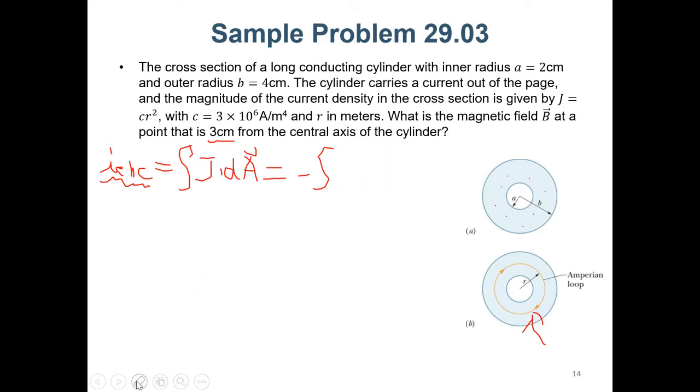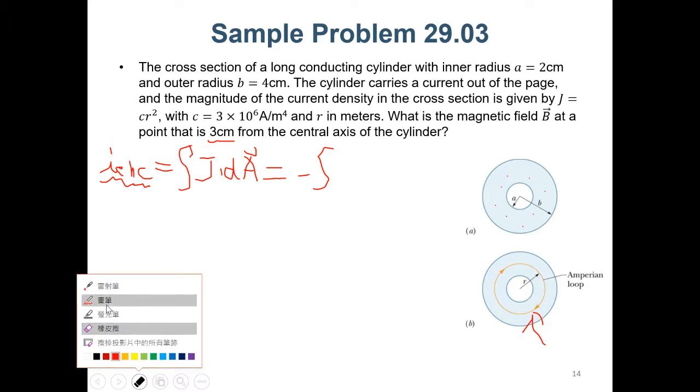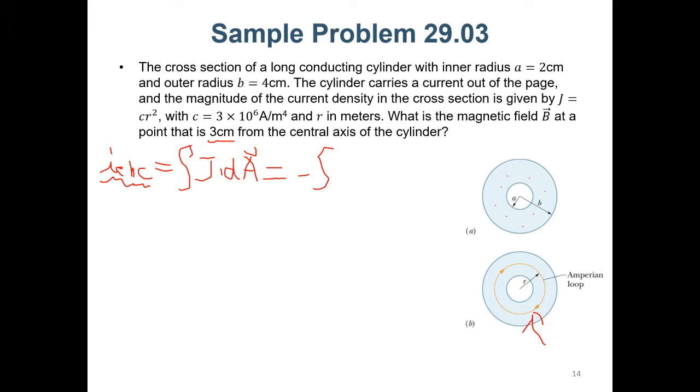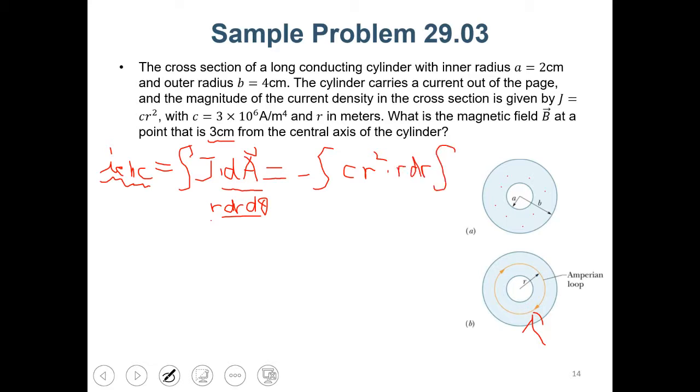It should be something like C r squared. And actually, dA is r dr d theta. I've mentioned this previously. So we multiply by r dr, and also we have d theta. Theta is from 0 to 2 pi in polar coordinates.